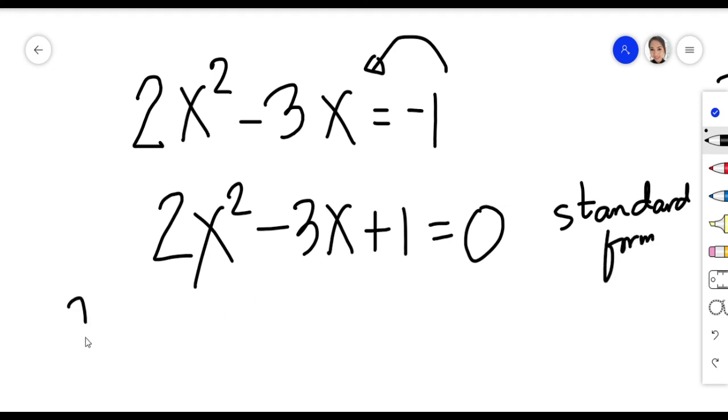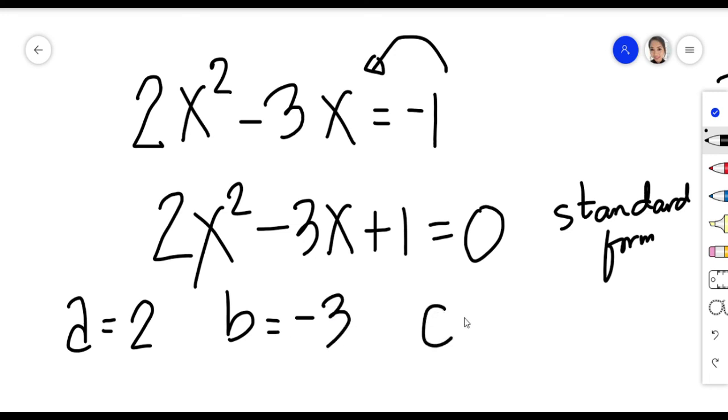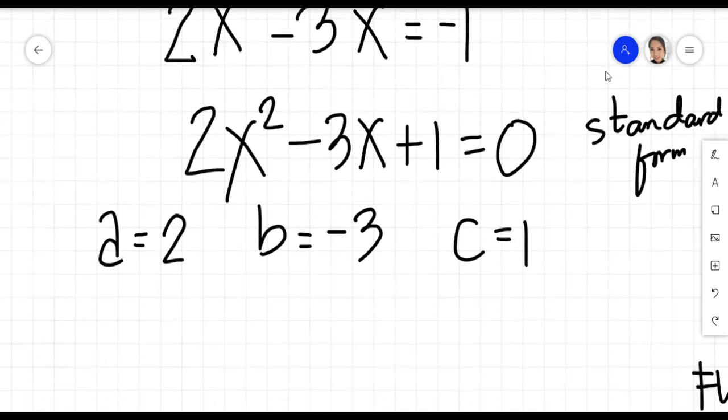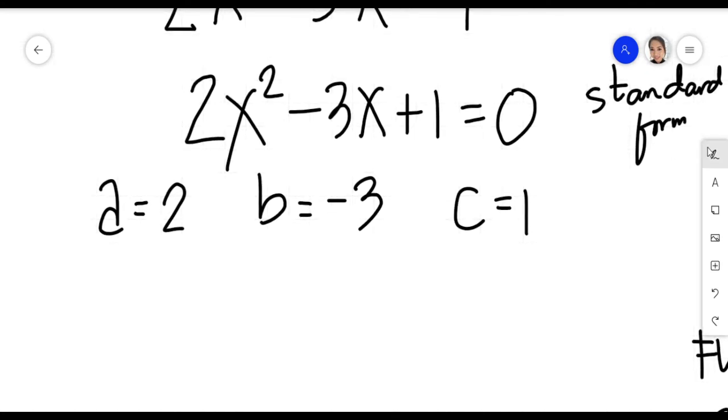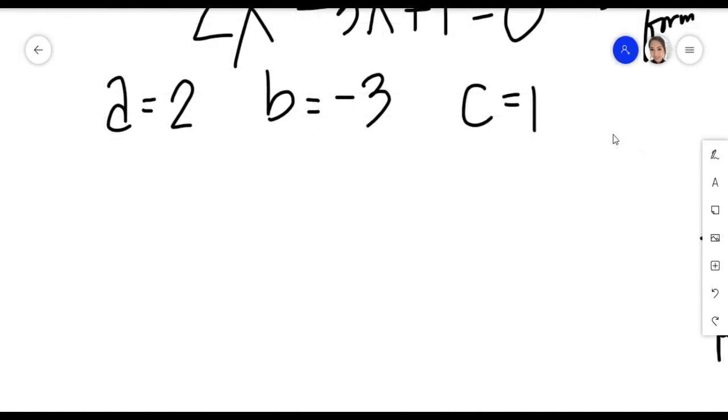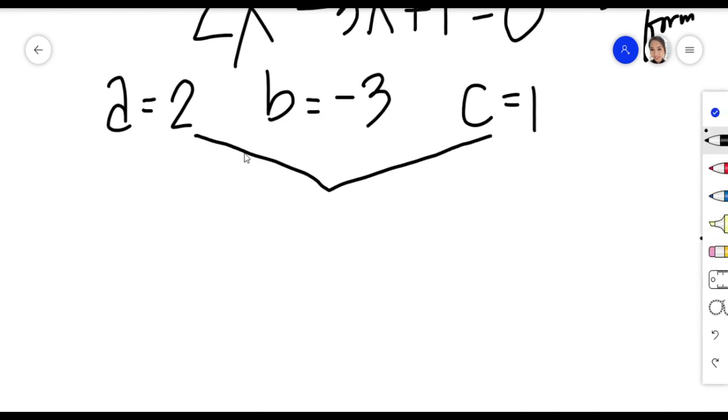Now let's identify our A. Our A is 2. Our B is negative 3. And our C is positive 1. So let's do the same thing. Multiply A and C. 2 times 1 is positive 2.